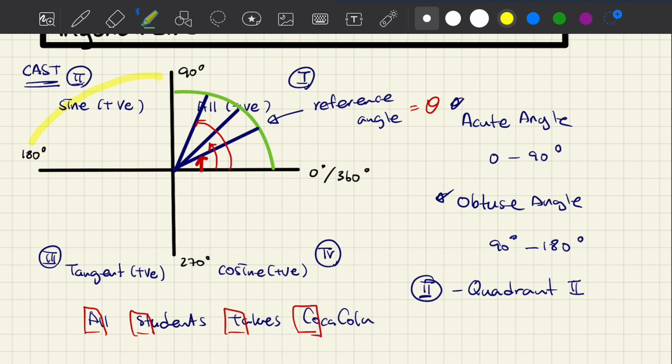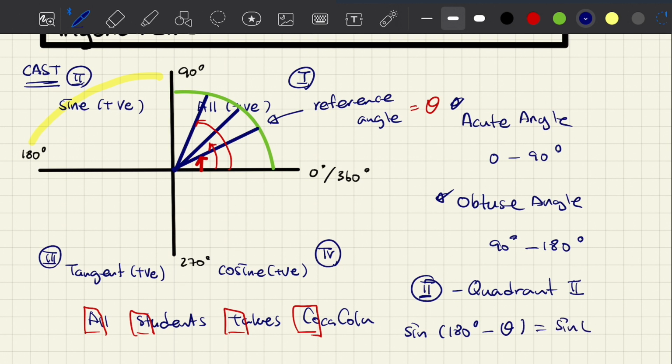So to calculate these angles, we know that in the second quadrant, the sine value will always be positive. So to calculate this angle in the second quadrant, we have to do sine of 180 degrees minus theta, our reference angle, and this will give us the positive sine theta value.